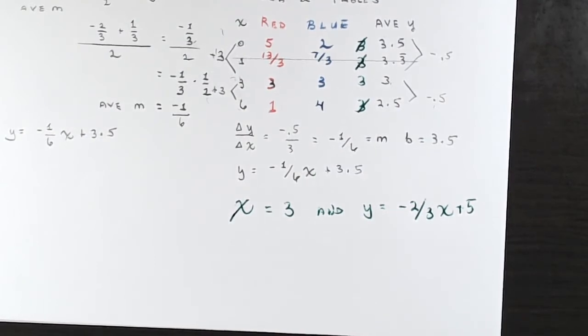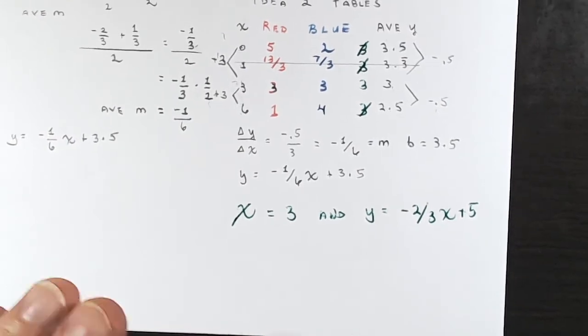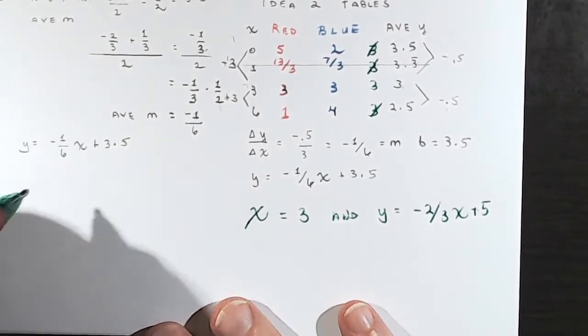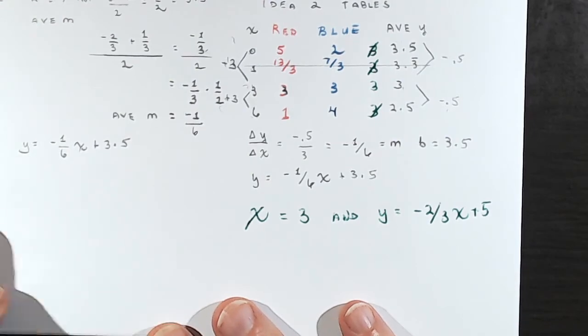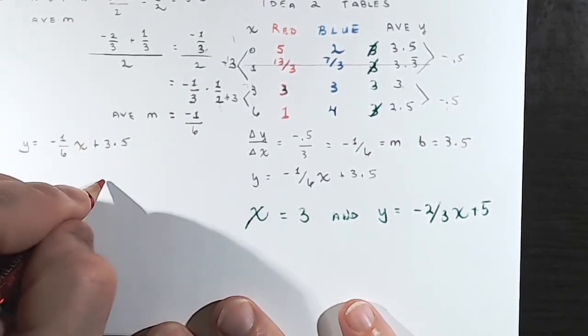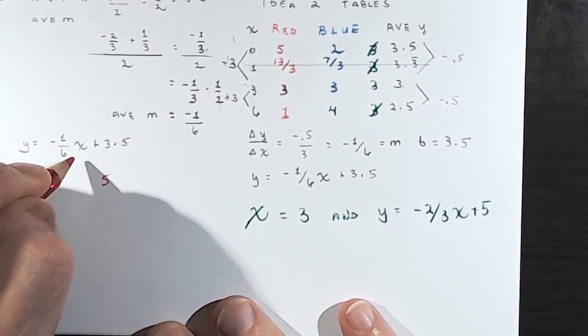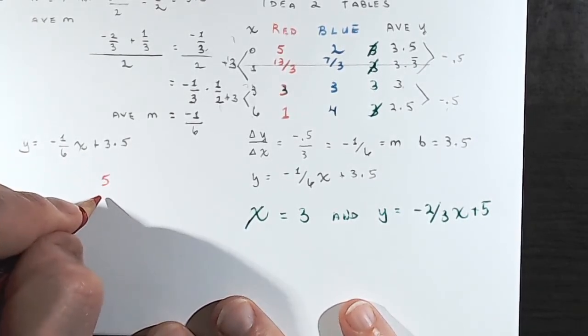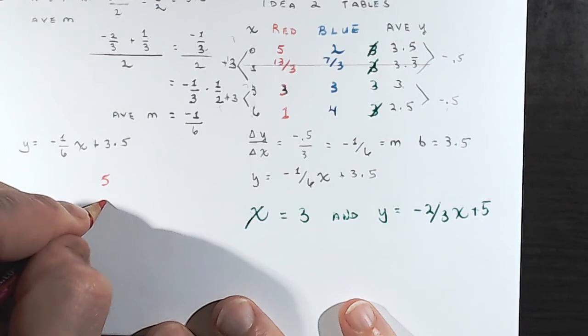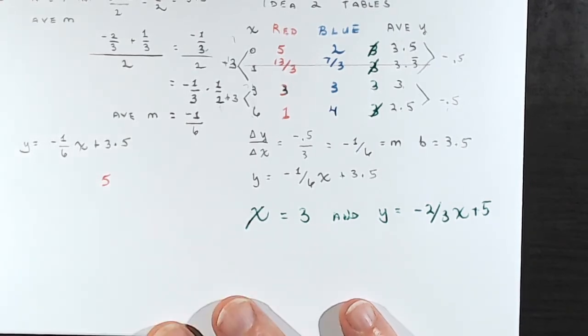I guess all of your y values, think about it this way. You create a table. For the red equation, here are my y values. 5, okay, and then 3. No, this doesn't work.